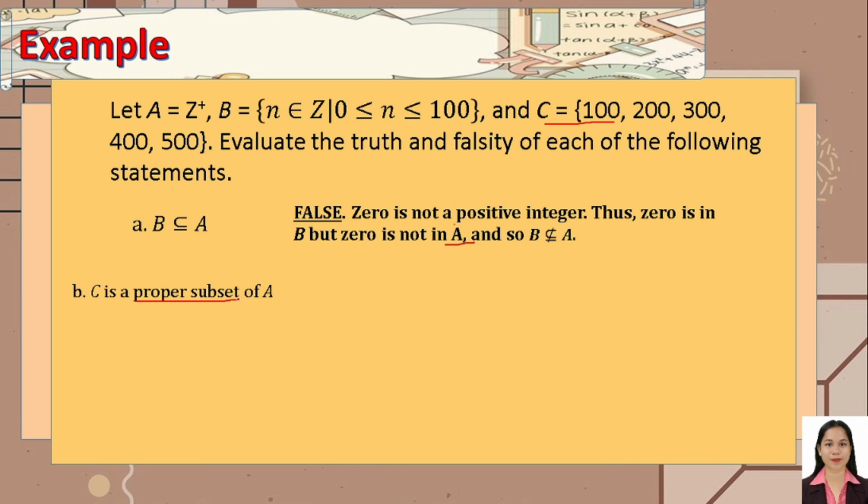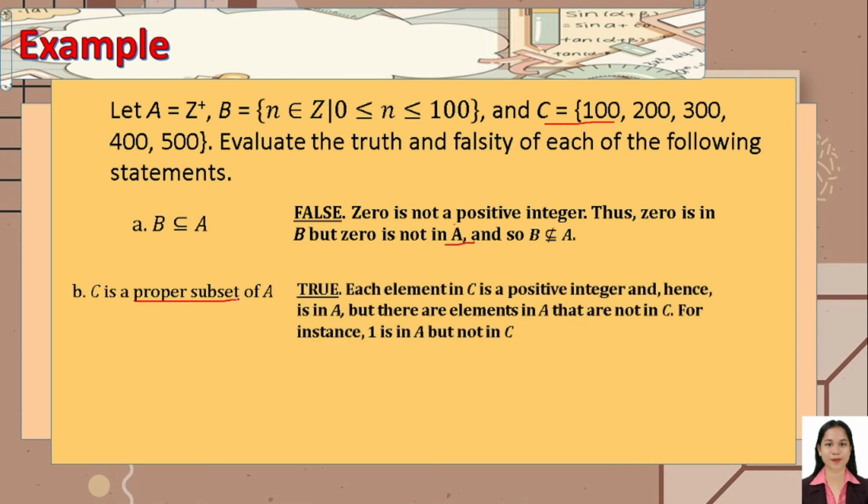That means, for a proper subset, the elements of C are also in A, but there is at least one element in A that is not in C. So this statement is true because each element in C is a positive integer and there are elements in A that are not in C. For instance, 1 is an element of A, but 1 is not in C. That's why it is a proper subset. So therefore, C is a proper subset of A.